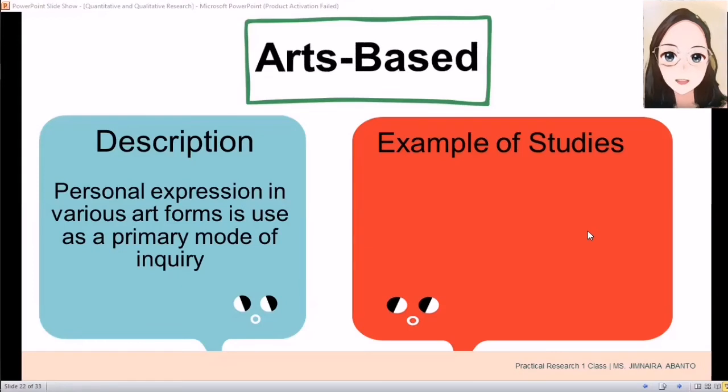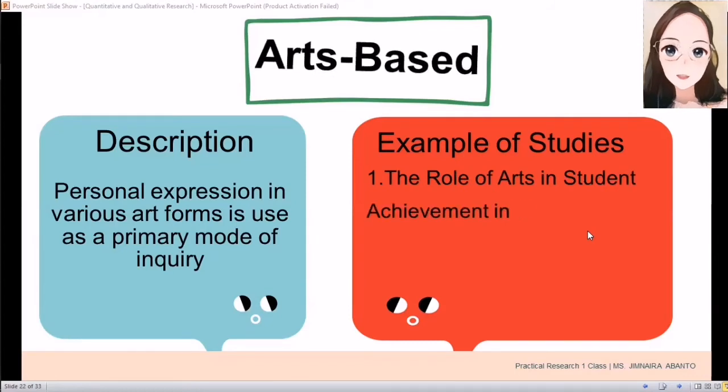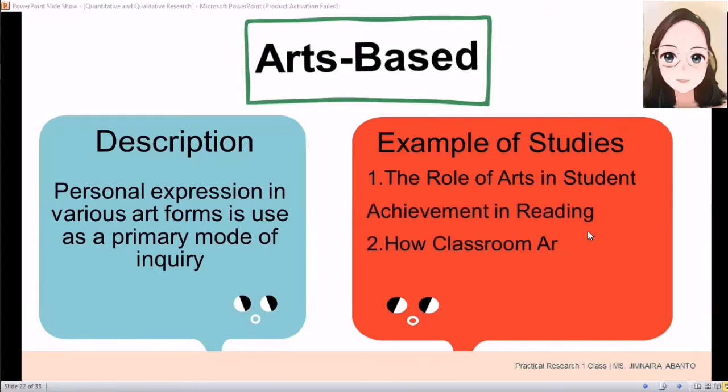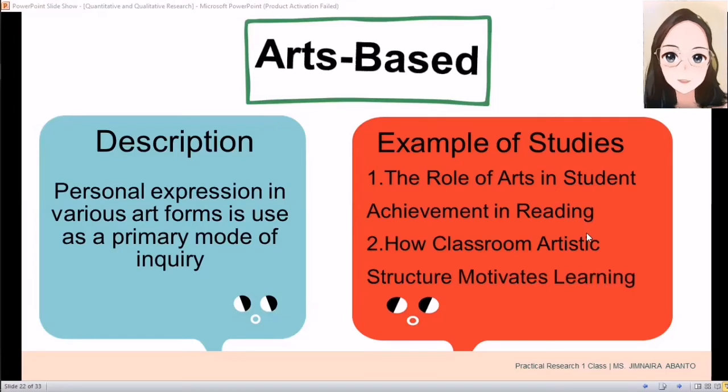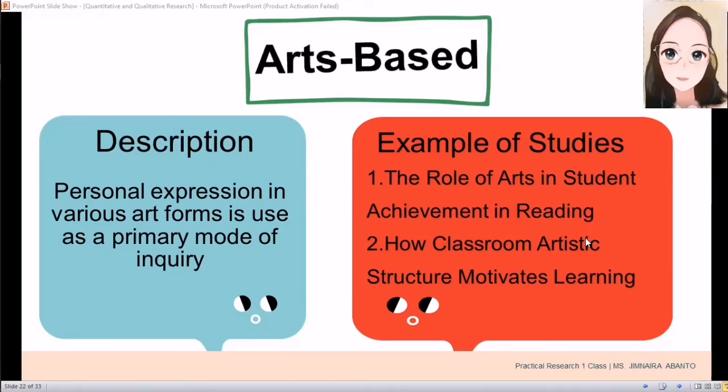It includes studies that may accompany or include the artistic expressions of others and its making and doing of arts as a means of understanding life. So for example, the role of arts in student achievement in reading, how classroom artistic structure motivates learning. Another example, how the arts benefit student achievement, or the arts and the transfer of learning.